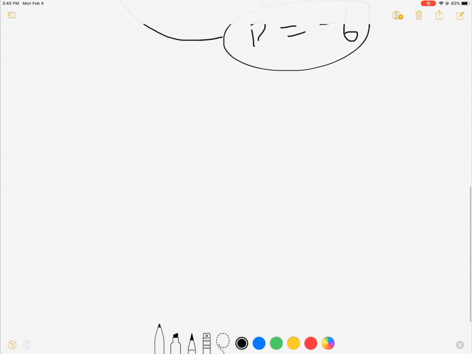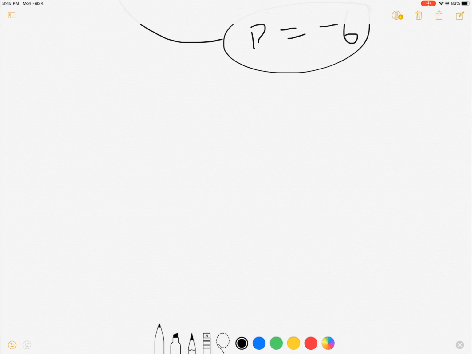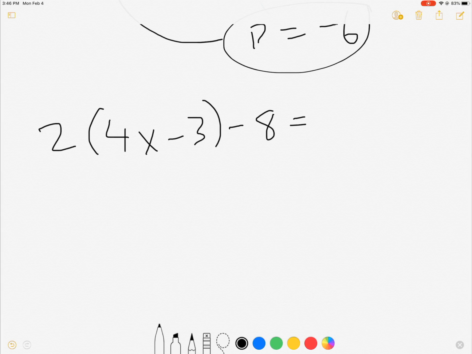Okay, so here's the next one. This one is pretty straightforward, but it has distributive property, which you have to be very careful with. So I have 2 times 4x minus 3 close parenthesis minus 8 equals 4 plus 2x.